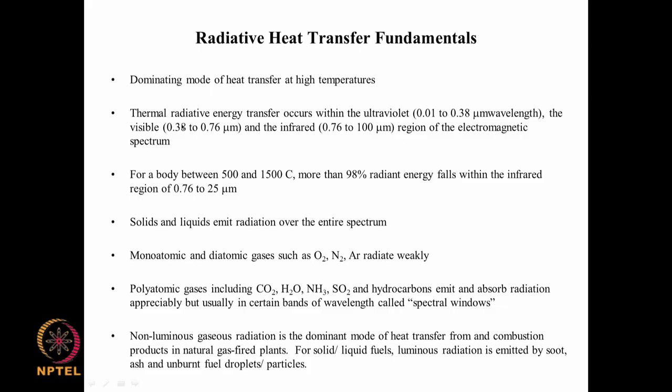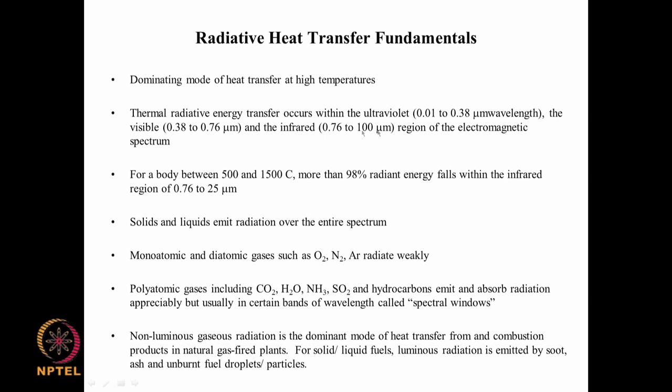Now, thermal radiative energy transfer occurs within the ultraviolet, the visible, and the infrared region of the electromagnetic spectrum. Okay, so, we are looking at 0.01 micron to 100 micron region, and I would like to bring out the very thin spectrum, which is 0.38 to 0.76 micron, within which the visible light comes, and then the infrared region goes from 0.76 to 100 micron.